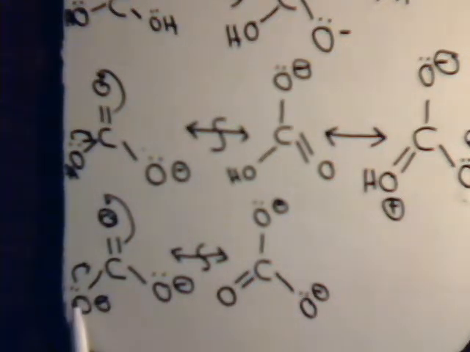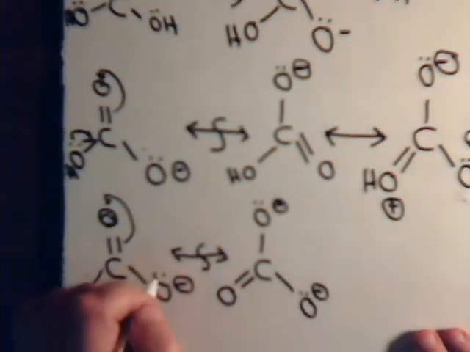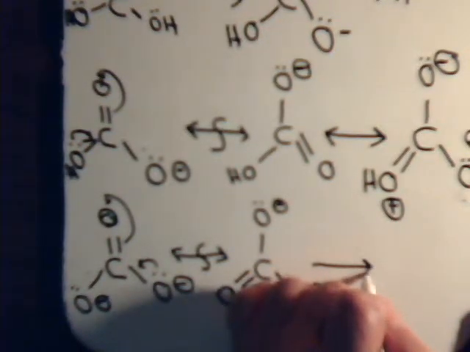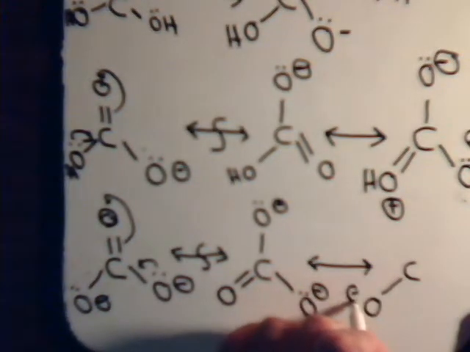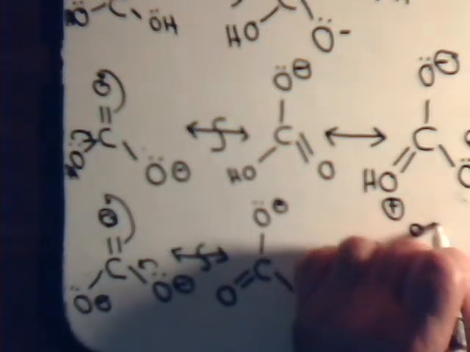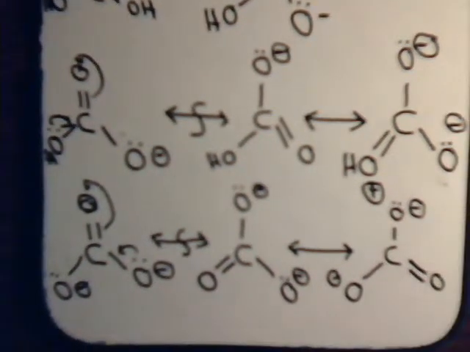Now instead of this oxygen donating its pi electron pair, this oxygen could do it, and we would have another canonical structure. This is getting crowded now. Like this. And again, this is symmetrical, and no separation of charges here. It's all charge dispersion.